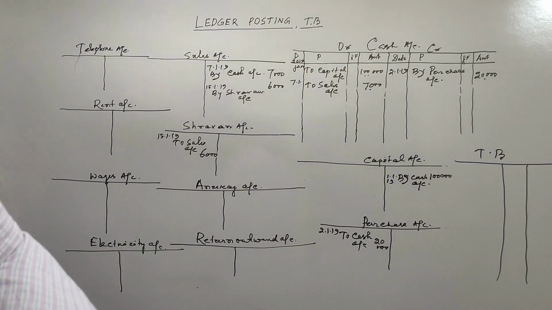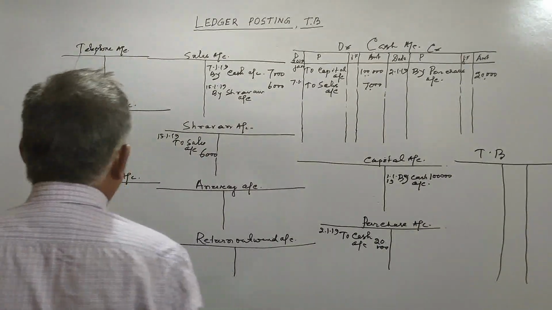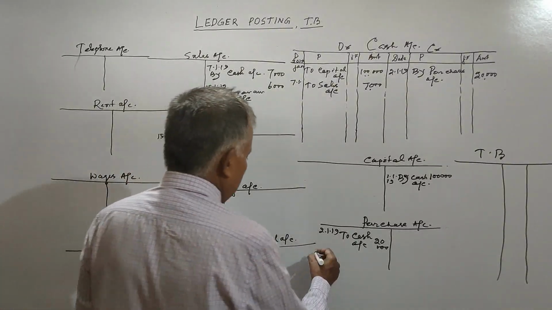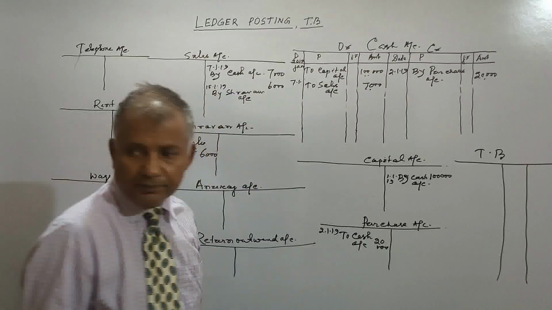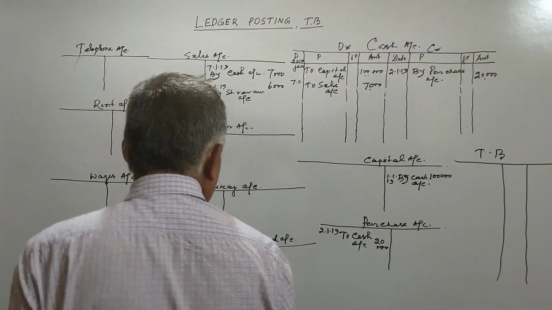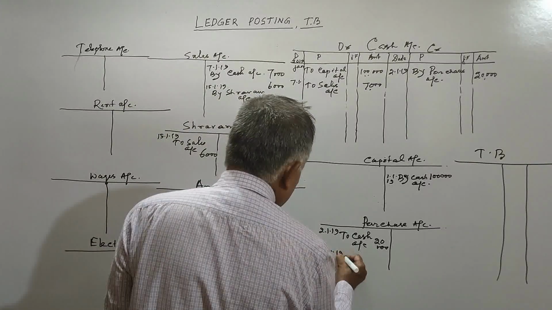Similarly, we can go to bought goods from Anurag. That is purchase account debit to Anurag. The date will be 18/1/19.